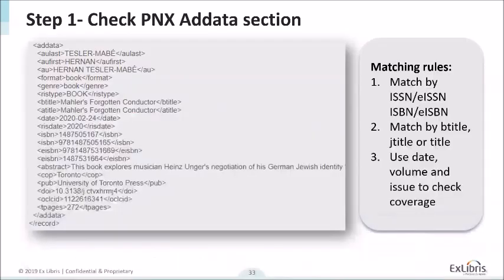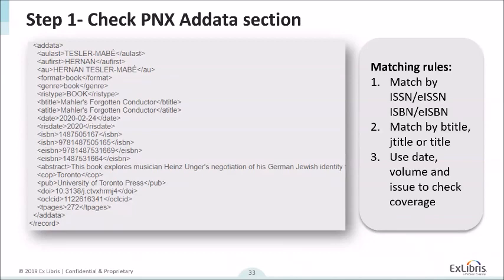Once you do that, you get essentially all the data about the CDI records in what we call the PNX. And what's important for OpenURL linking is the addata section, which is typically at the end of your PNX. This addata section has all kinds of metadata. In this case, it's a book record, and it has ISBN, EISBN, author information, a book title.